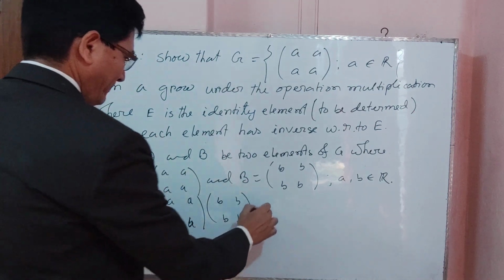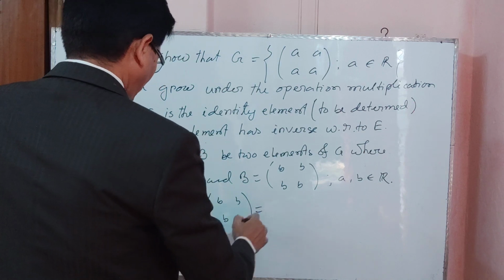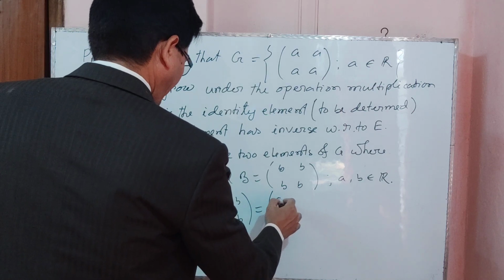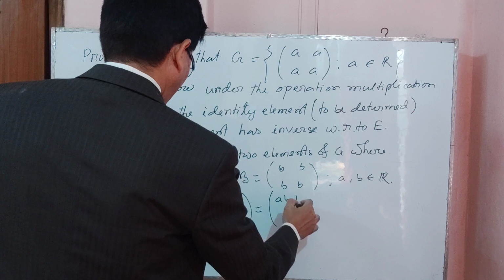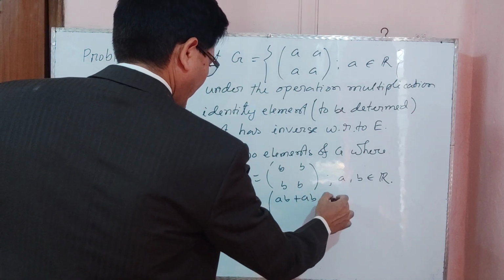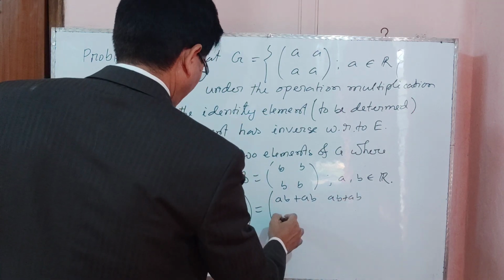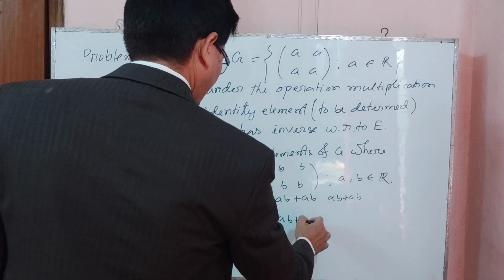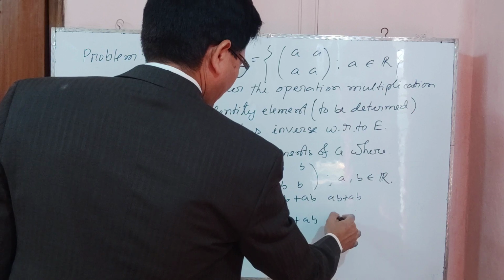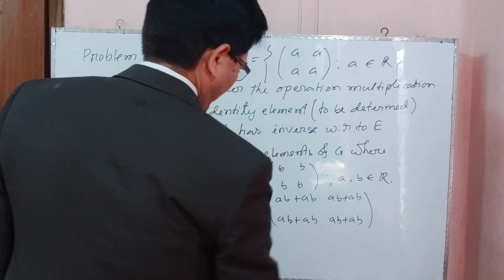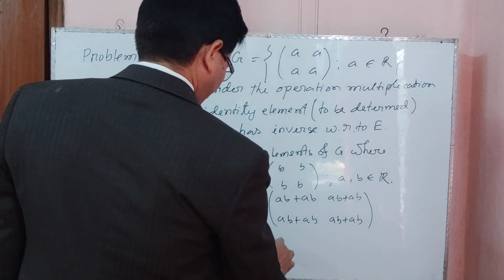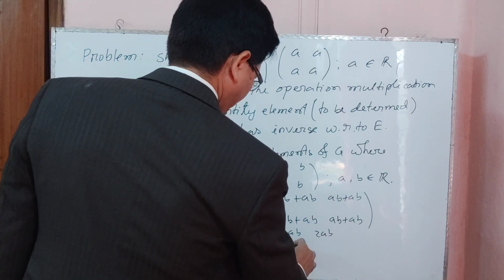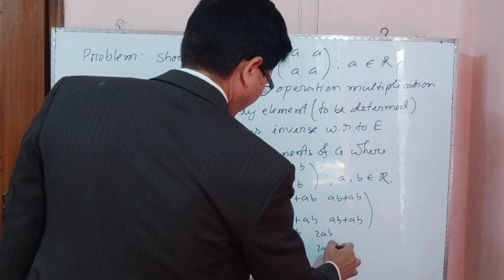So we complete the multiplication of the two 2 by 2 matrices, and we have ab plus ab, ab plus ab, and ab plus ab, and ab plus ab. So 2ab, 2ab, 2ab and 2ab.